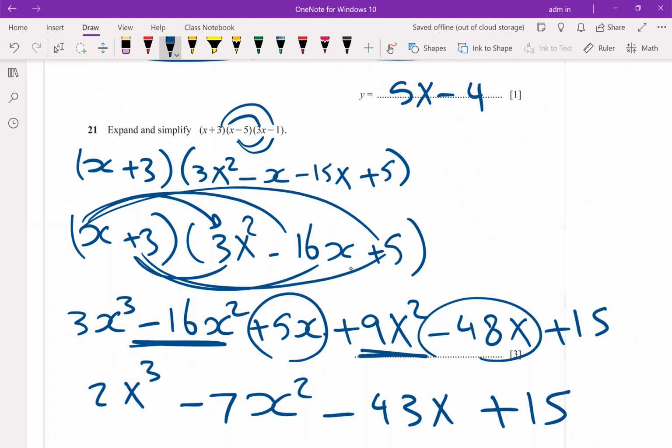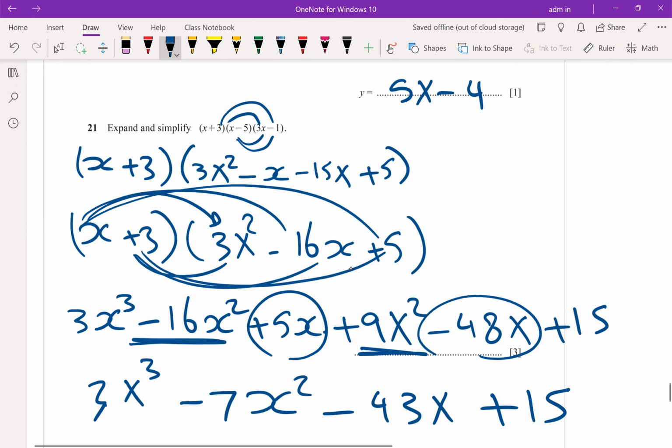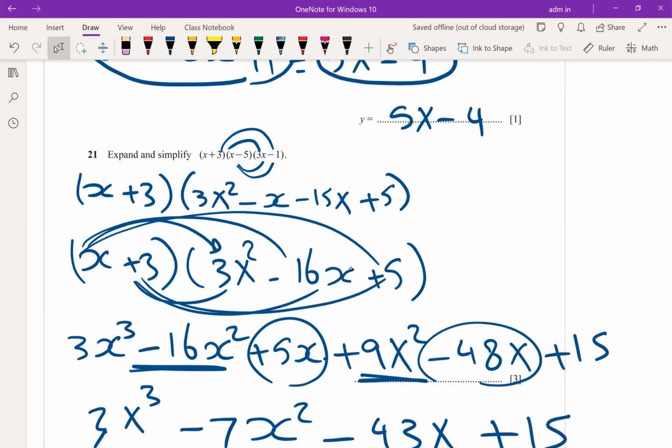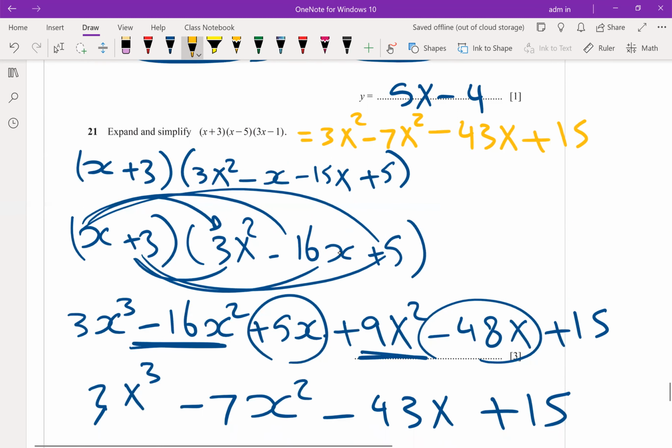3? Correct, you are right. The final answer, I will give you a hint in the final exam. Maybe you have mistakes in the calculation. 3x cubed minus 7x squared minus 43x plus 15. If you substitute any value, left and right, if you get the same value, you are right.